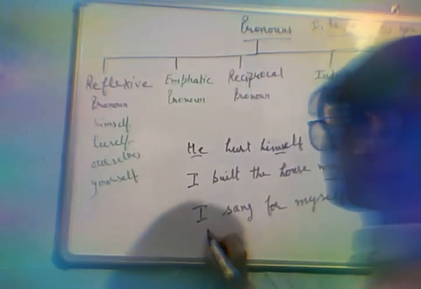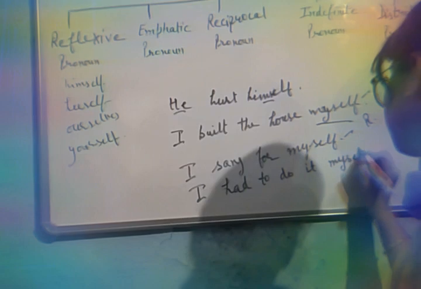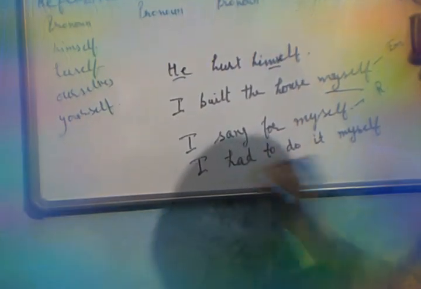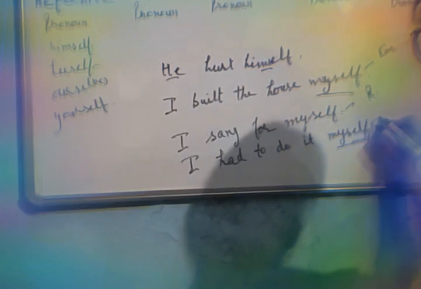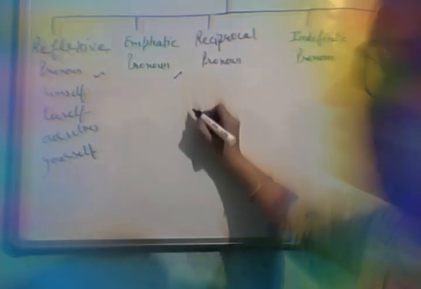Or we can say, I have to do it myself. Means I was compelled to do it myself. I am emphasizing. It is used as emphatic pronoun. Now I hope the reflexive pronoun and emphatic pronoun must be clear to you.